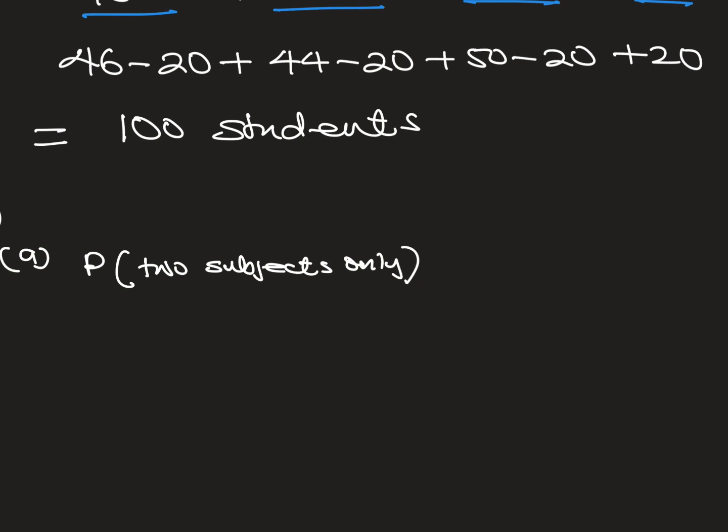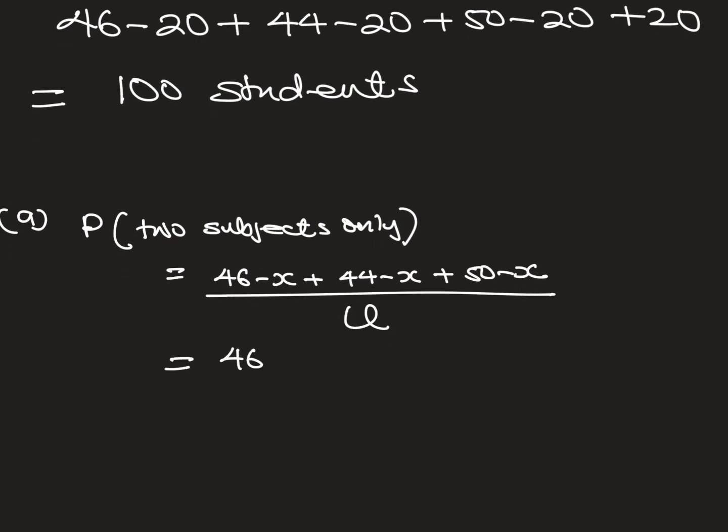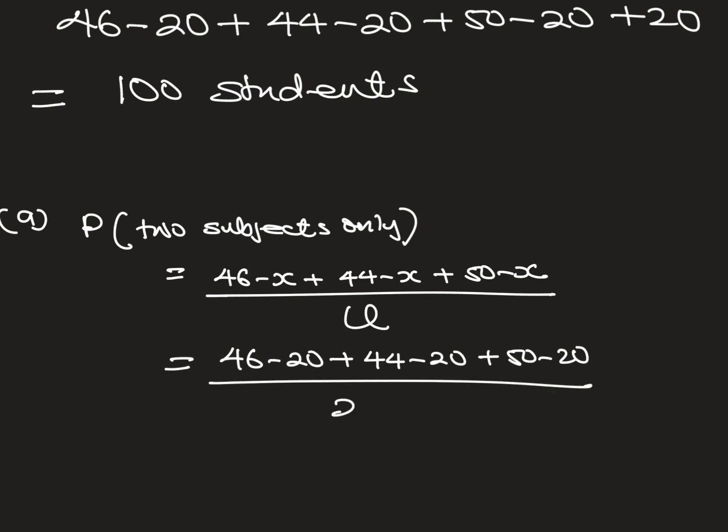Is equal to 46 minus x plus 44 minus x plus 50 minus x divided by the universal, right? So that will be 46 minus 20 plus 44 minus 20 plus 50 minus 20 divided by the universal is 280.